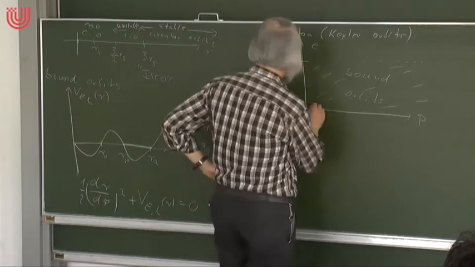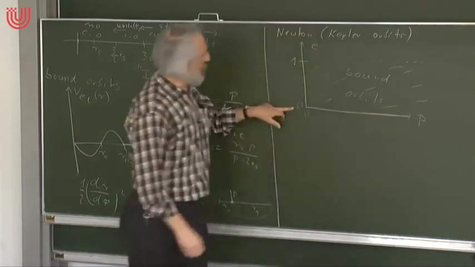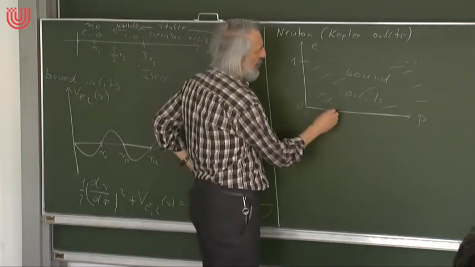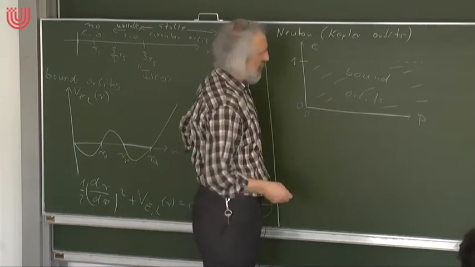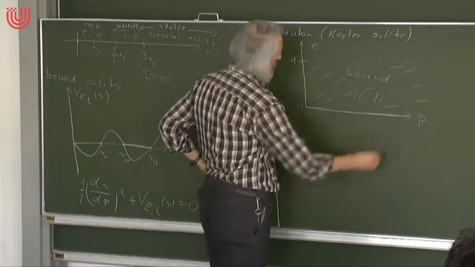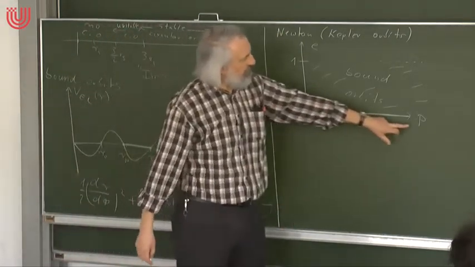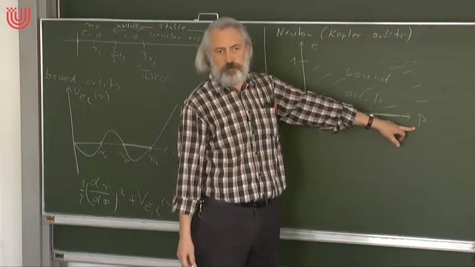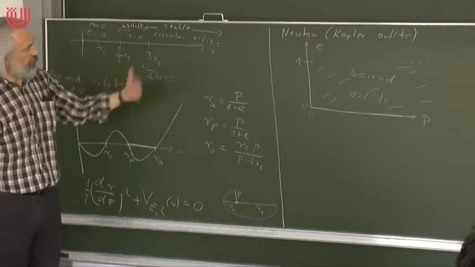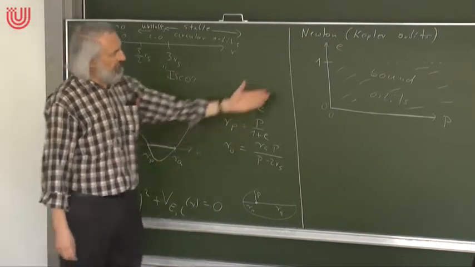So here, of course, we have the stable circular orbits. e equals 0 means we have a circular orbit, and they must be stable because they are in the neighborhood of bound orbits. They are possible for all radii between 0 and infinity. If e is 0, then p is the same as the radius, and Ra and Rp just give the radius of the circular orbit. So that's the Newtonian case.